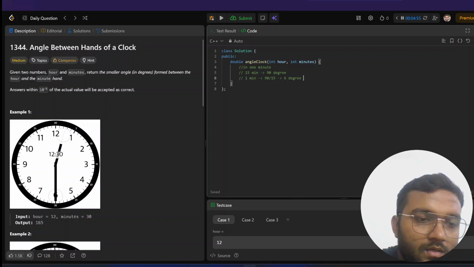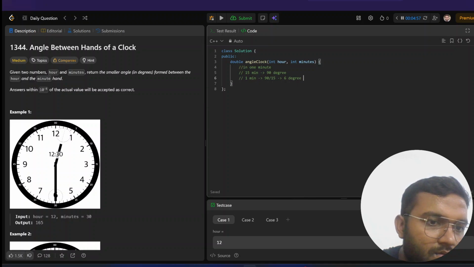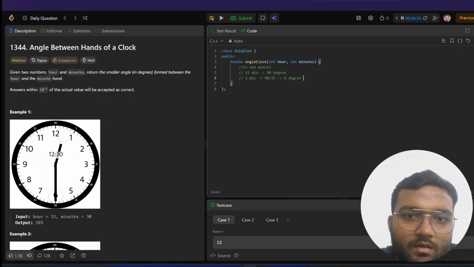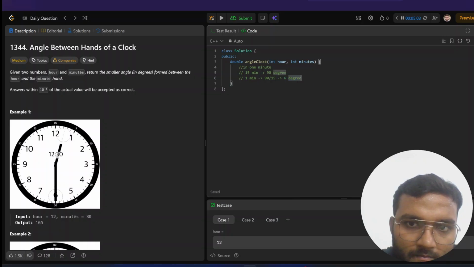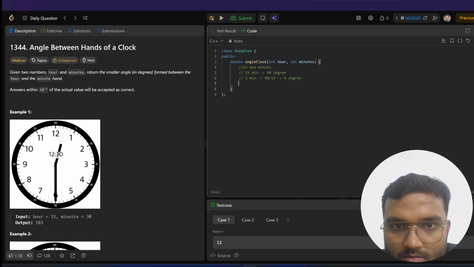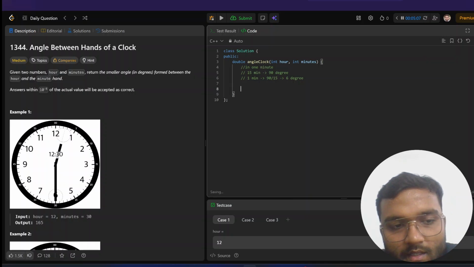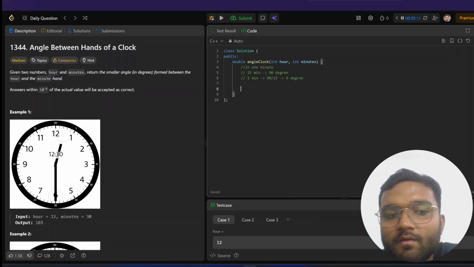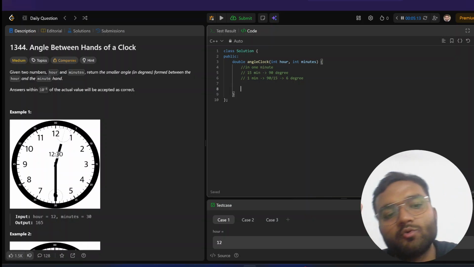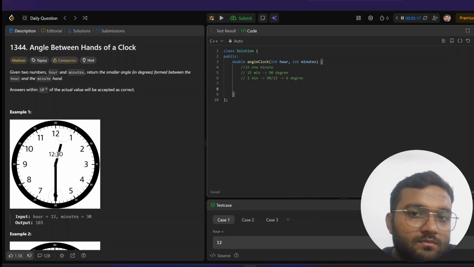So can I calculate how much the hour hand moves for x minutes?